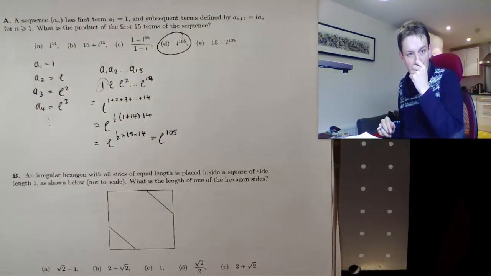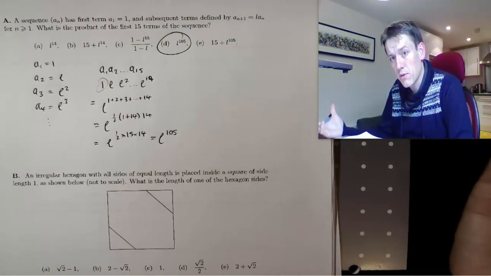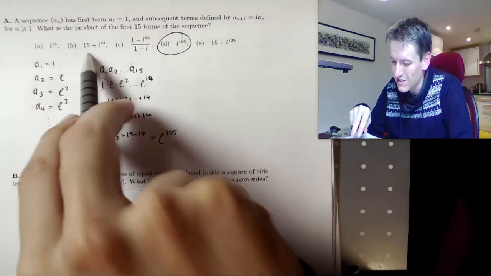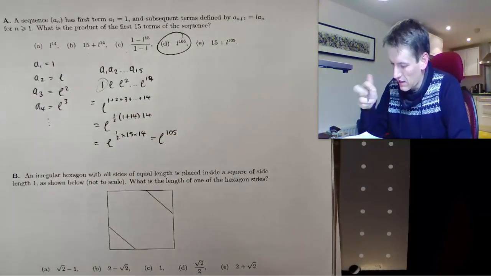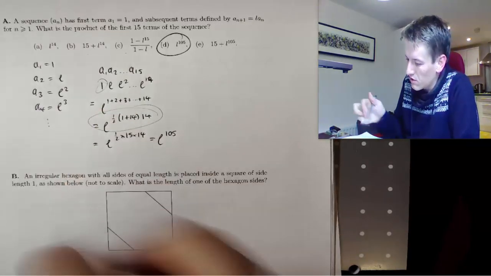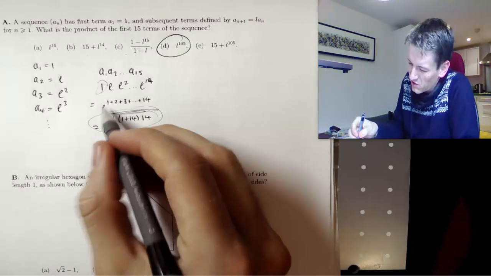Now I've done that question fully and directly, but you really know we are trying to do these as quickly as possible, so you may also want to have glanced at the answers before we did this question. By the time we'd got to this stage we'd realized that the answer is just L to some power, and we've just got to add these numbers together.